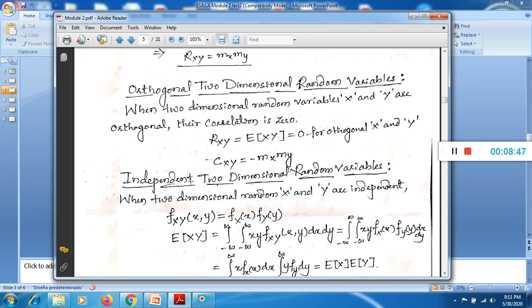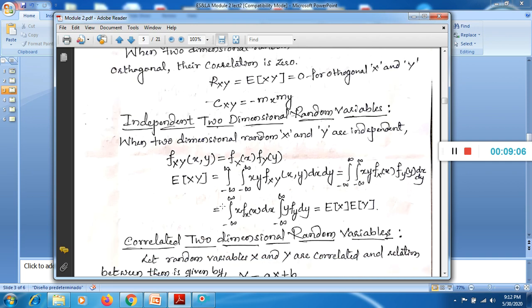Then the next point is regarding independent two-dimensional random variables, let's say x and y. If they are independent, then fxy of x, y is equal to fx of x and fy of y.